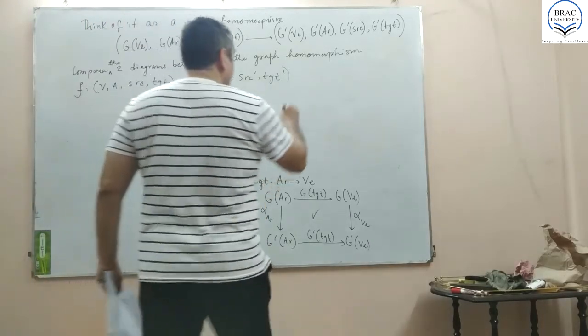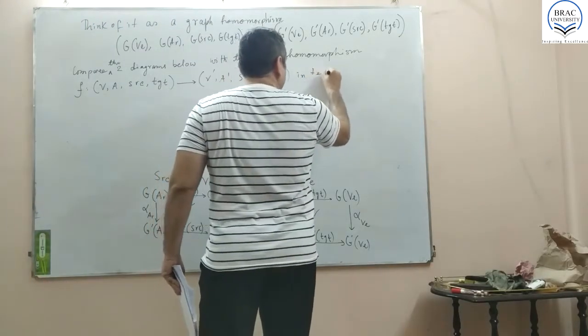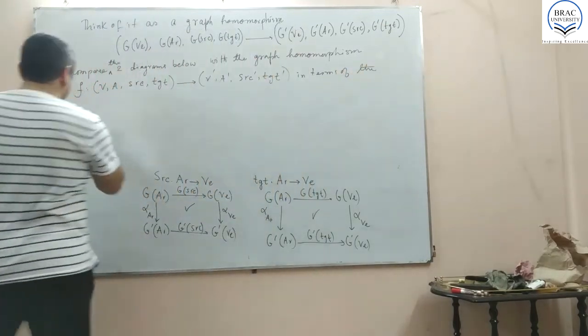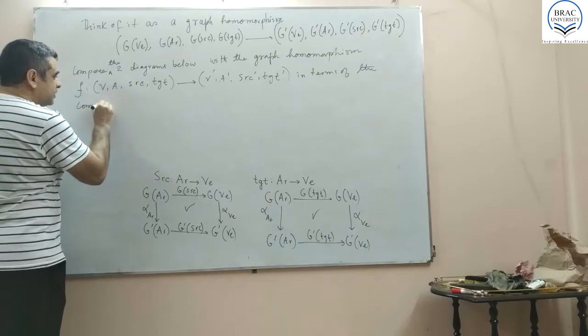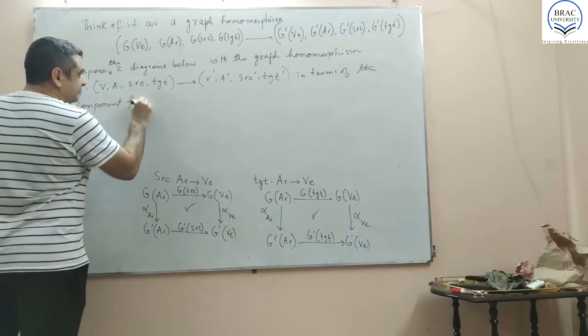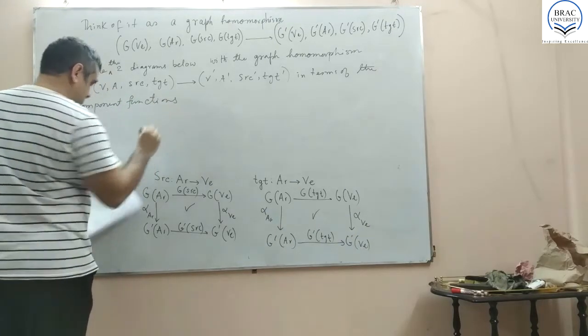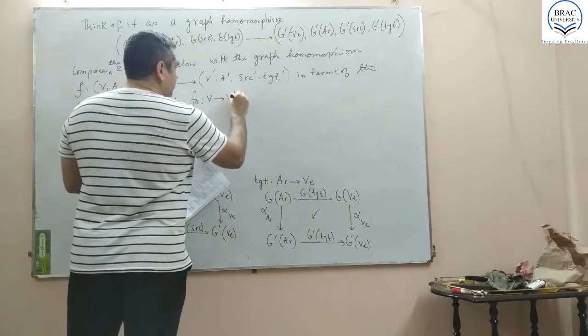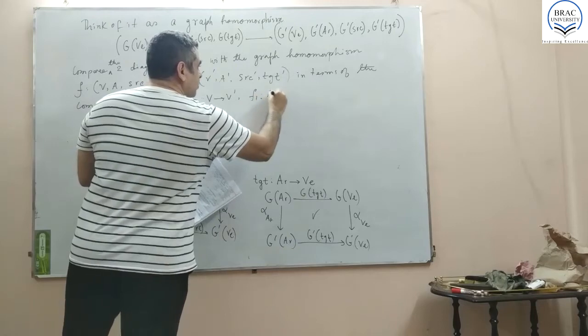In terms of the component functions, there were two component functions, one at the vertex level, the other one at the arrow level.